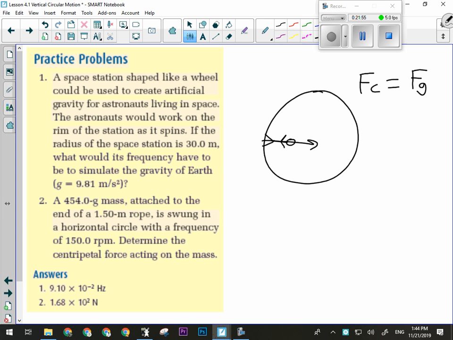Now, the problem here is that means mv squared over r equals m times g. But the question wants me to calculate the frequency at which this thing spins. That's not part of this formula, is it?